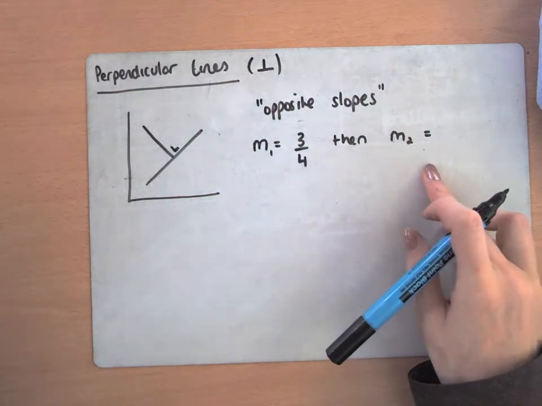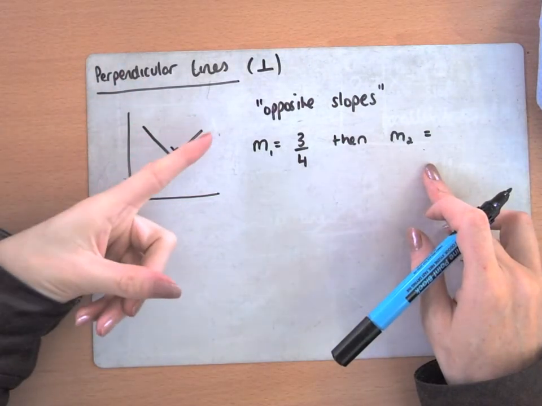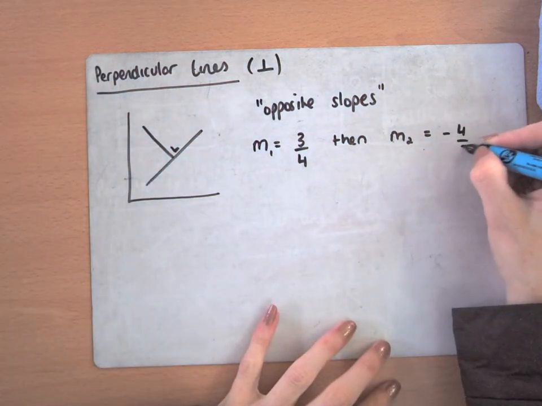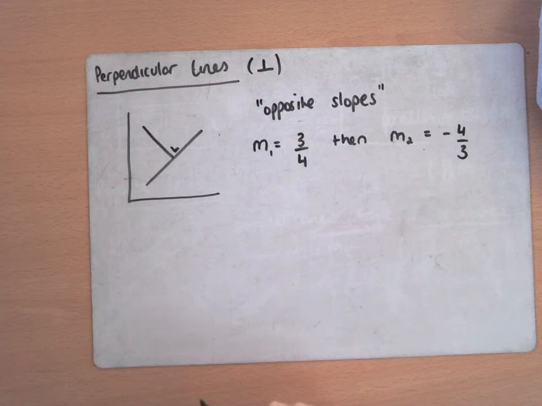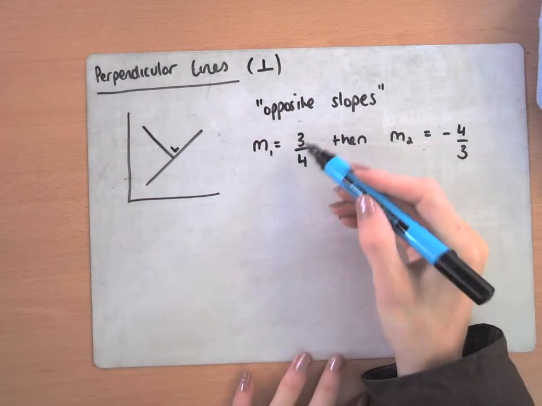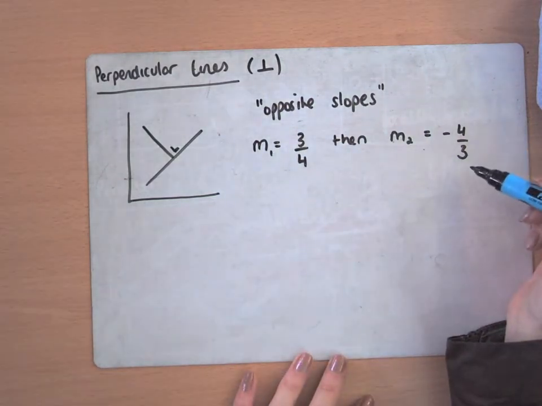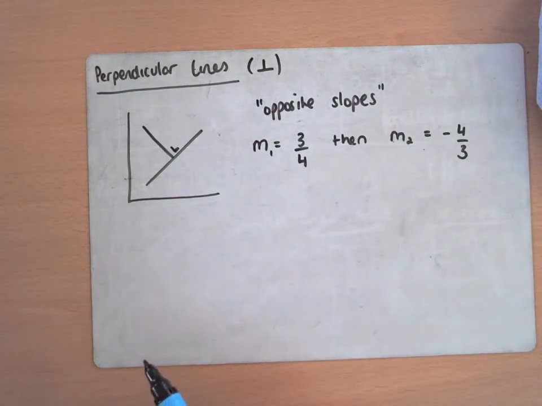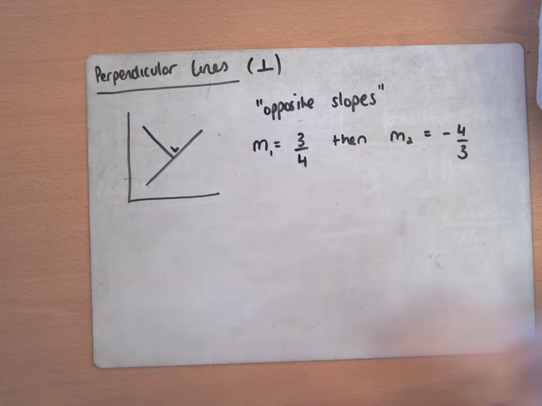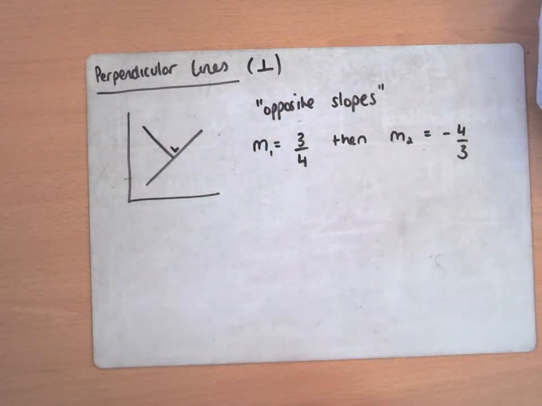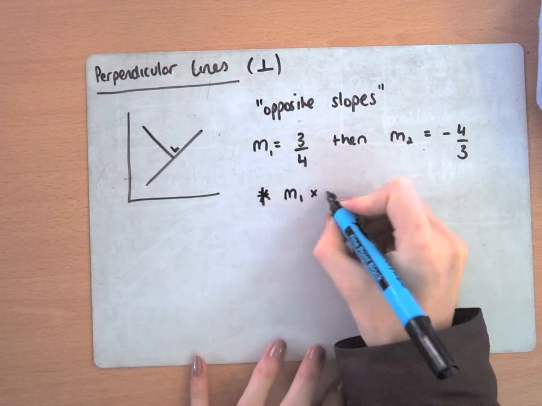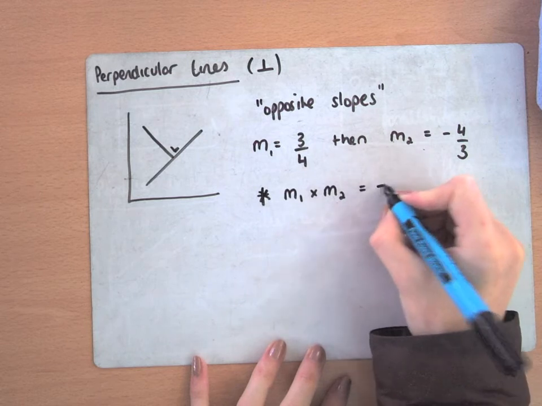Very good. But one is positive and one is negative, so it will be minus 4 over 3. It's the reciprocal. The reciprocal is when you take the fraction and turn it upside down. And you have to have one a plus and one a minus. And what we learn is when I multiply my two slopes, I should get minus 1.